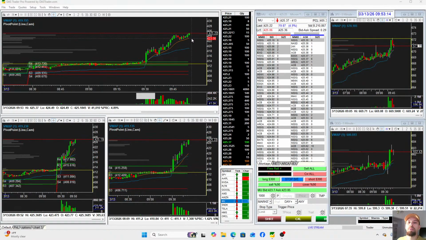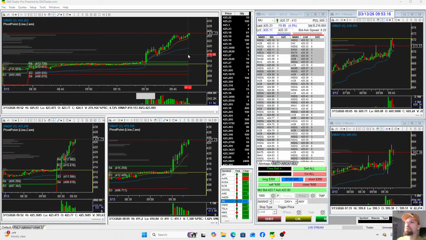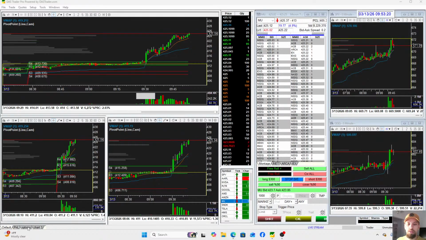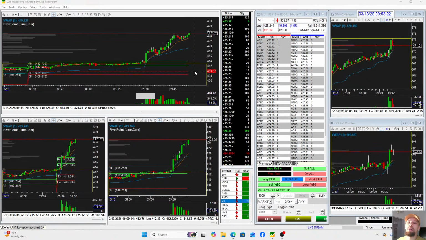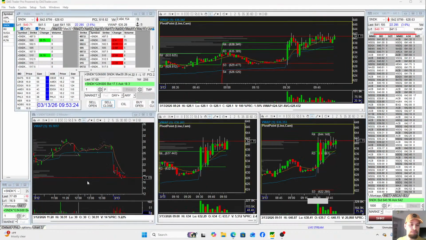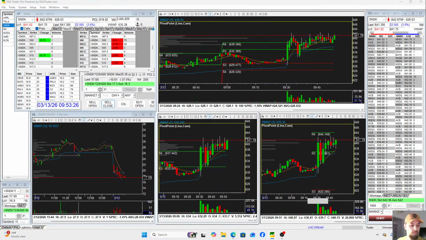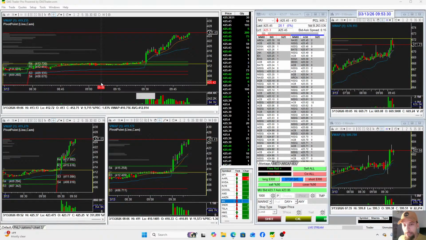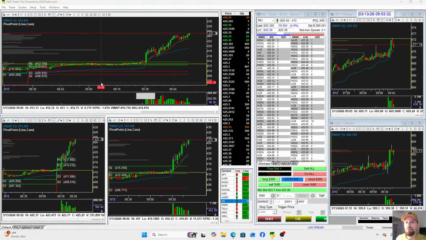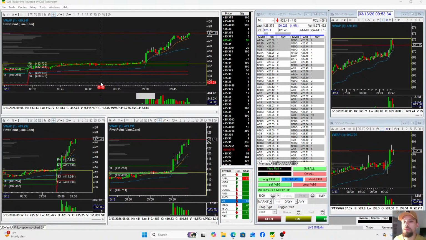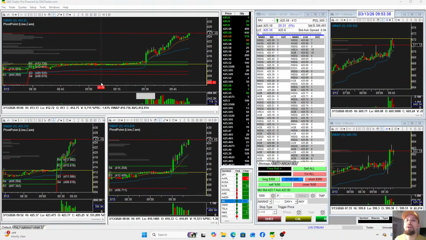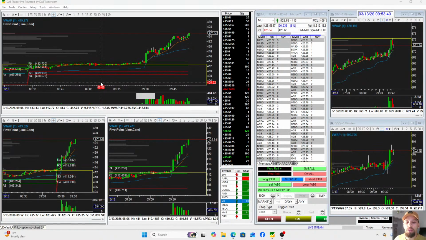Still pushing up, look at that, pushing through 425. Is it going to rally? Pushing up higher. It's very bullish.